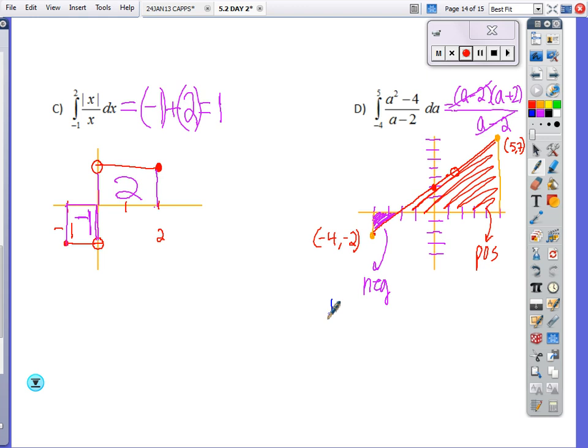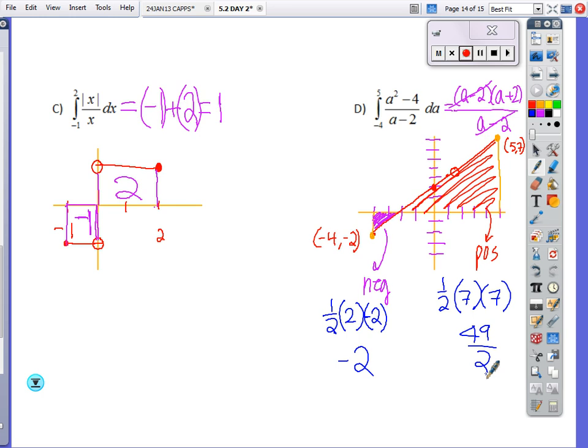All right, so what's the area of this guy? It'd be 1/2. The base is 2. The height is 2. Actually, we can say -2 if that makes it any easier for you. So that's -2. This one would be 1/2. The base, I think, is 7, and the height is 7. So that's 49/2. So what is the actual answer to the integral?